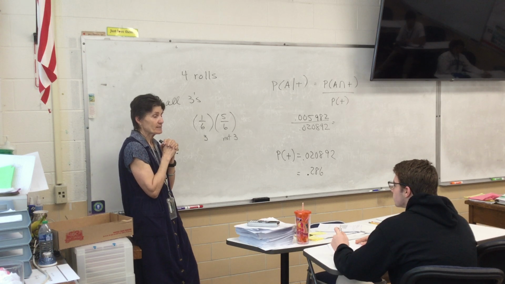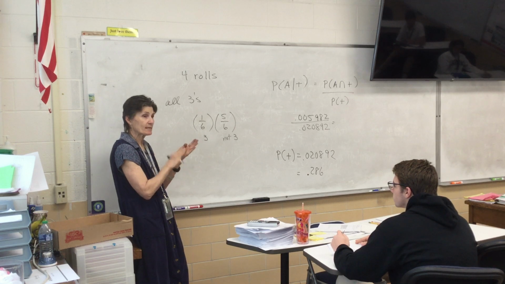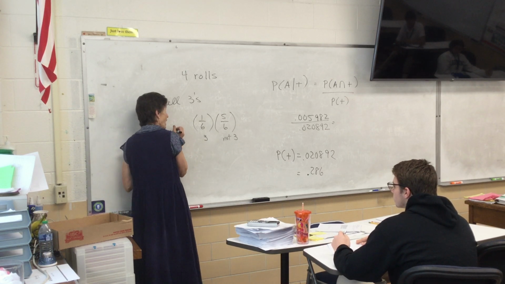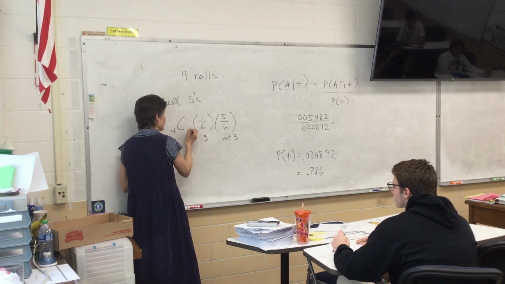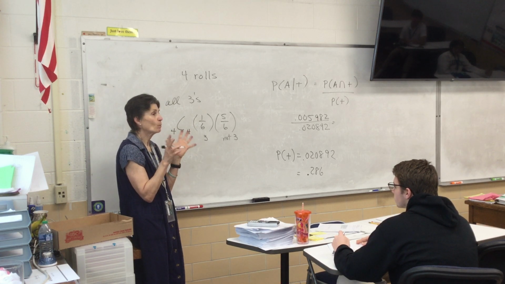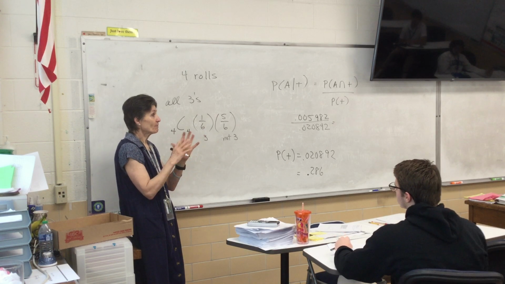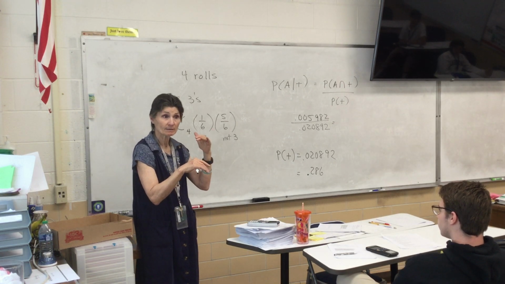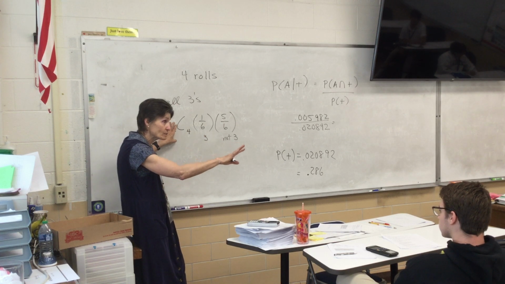Now, I'm going to roll this die 4 times. And I want every single one of them to be a 3. So in other words, if I have 4 rolls, I want all 4 of them to be threes. There's only one way that can happen. 3, 3, 3, 3, that's it. But if I were getting 2 3s, it would be 4C2. This is how many options I have, how many rolls I have.